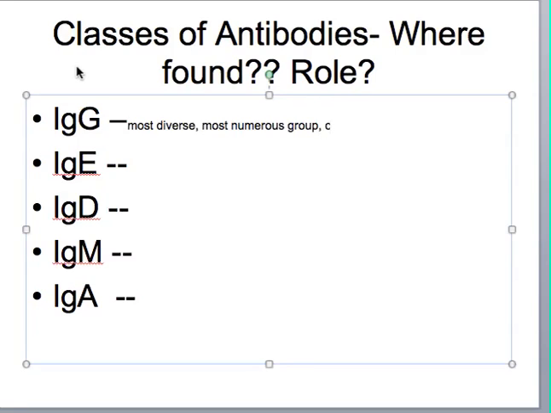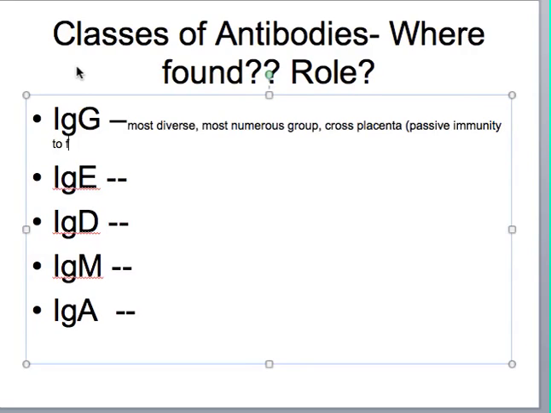They cross the placenta, and they're then responsible for passive immunity to the fetus. Okay, that's IgG.